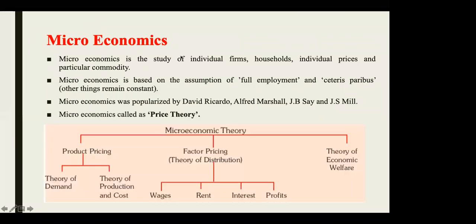So in microeconomics, we study individual firms, households, individual prices, and particular commodities. Microeconomics is also based on the assumption of full employment and ceteris paribus. Full employment is required for most of the economic theories, in micro as well as in macro. Whereas ceteris paribus, why we take it into account is that in physical or natural sciences, we have a controlled environment and we do experiments in it.